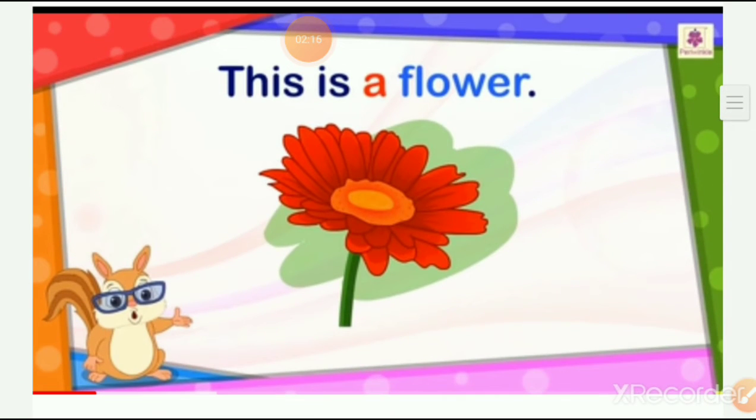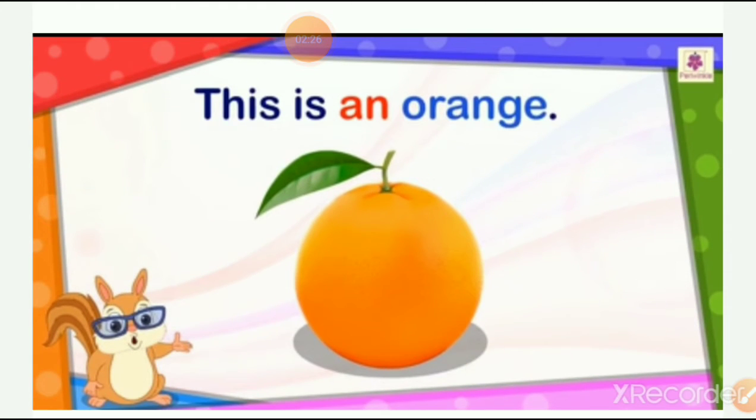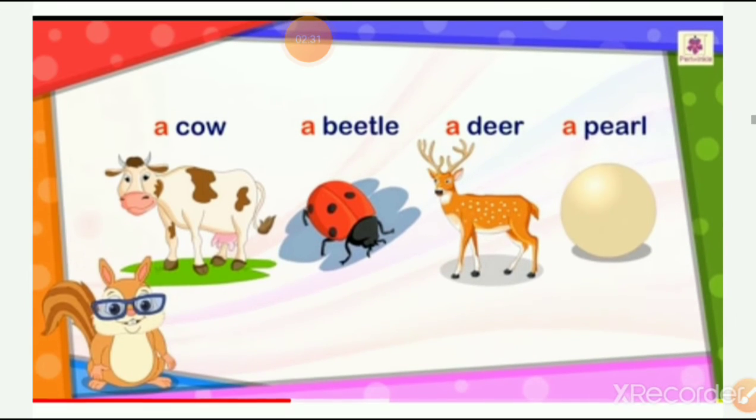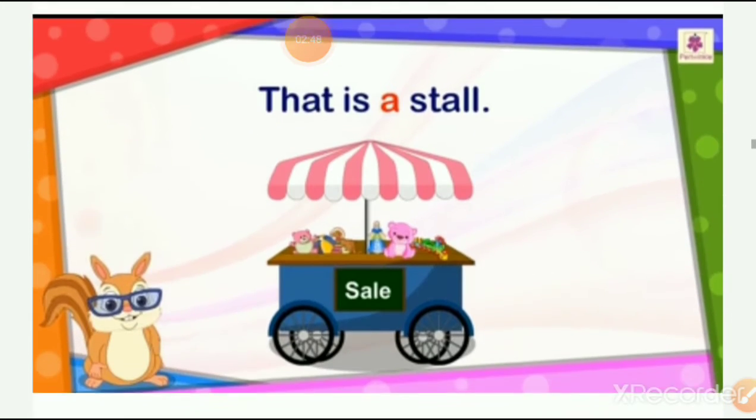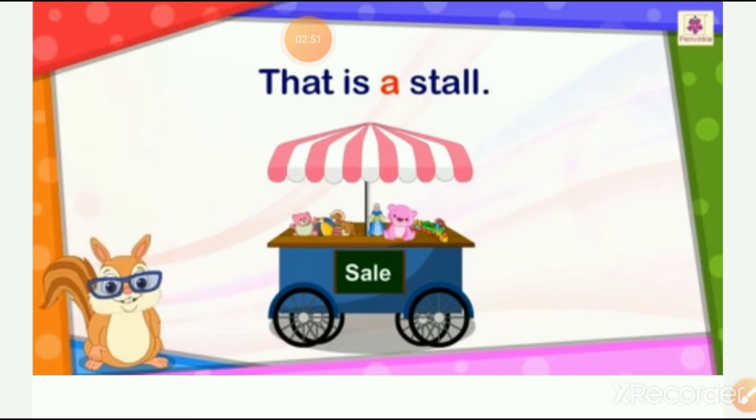Now look at this example, students. This is a flower. This is an orange. A cow, a beetle, a deer, a pearl. Articles a and an are used to introduce a singular noun, that is a stall.